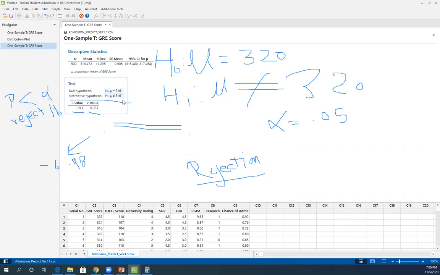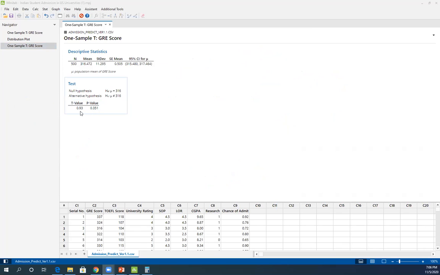And using 316, what are we getting here? So I'm just going to clear this part. We get the mean is 316, and mu is not 316, or H1 is not 316.